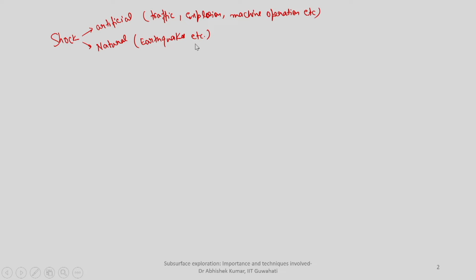It can be artificial, like traffic movement, explosion, machine operation, etc. And there can be natural sources, or other sources which you are not creating, such as earthquakes.